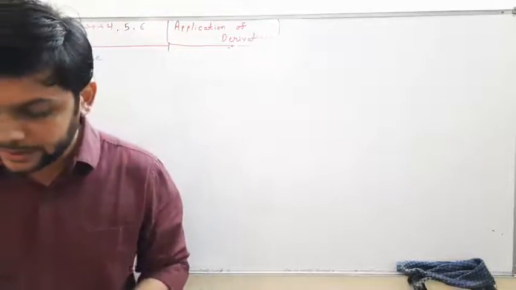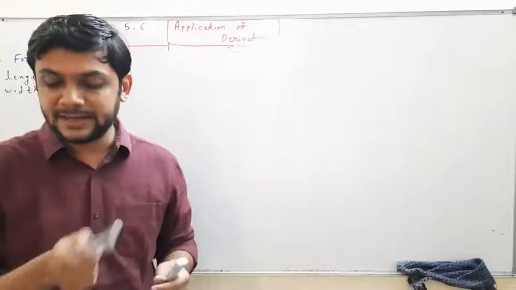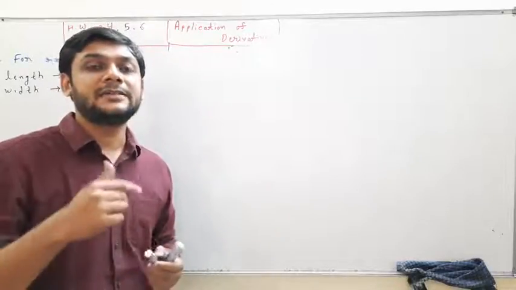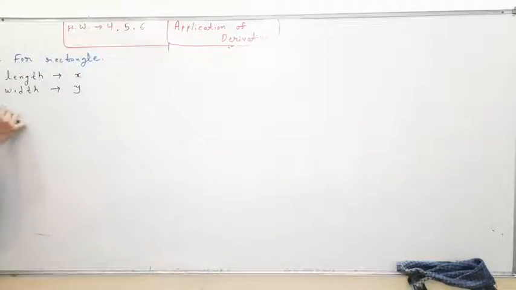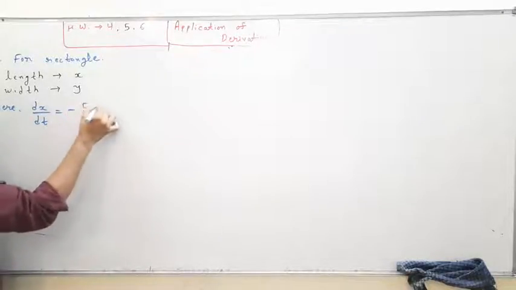Now what is given? The length x of the rectangle is decreasing at the rate of this. When it is said decreasing, it means you have to put a minus sign. So here dx by dt is equal to minus 5 centimeter per minute.